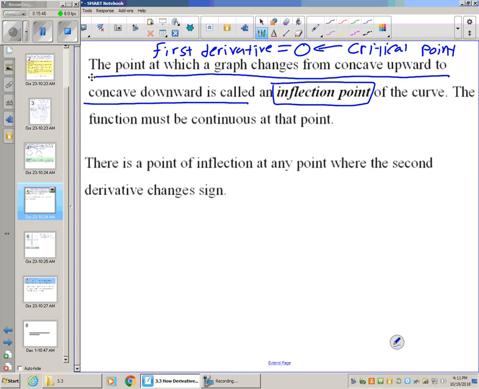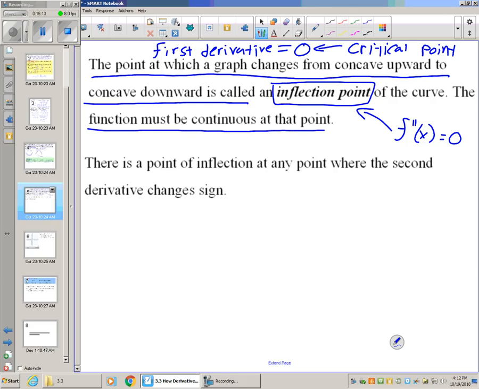Okay, whenever the second derivative of x equals 0, then we have an inflection point. So critical points go with first derivative, inflection points go with second derivative. Okay, the function must be continuous at that point though.